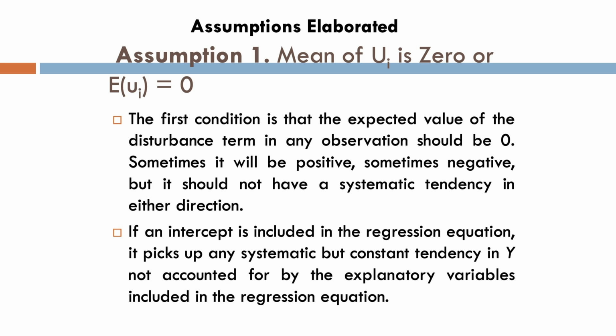If an intercept is included in the regression equation, it picks up any such systematic tendencies, that is, constant tendency in y not accounted for by the explanatory variables included in the regression equation.